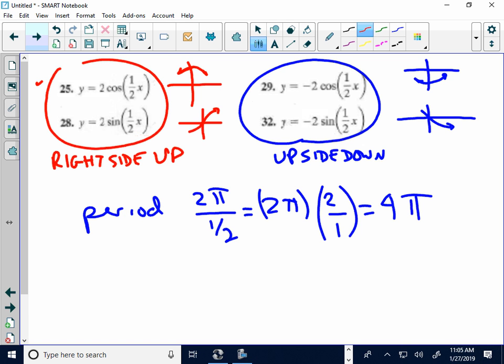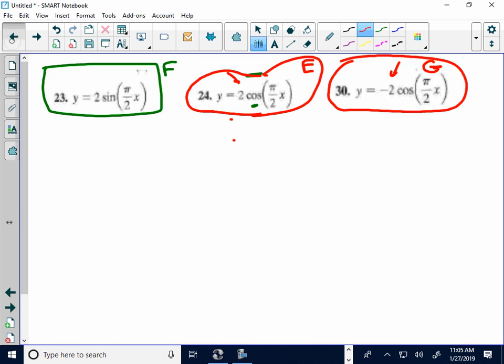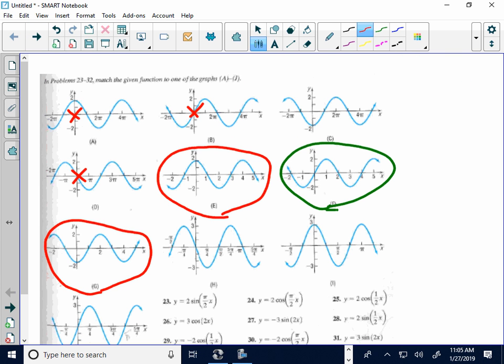Let's just go right down the line. 25, we want a right side up cosine, amplitude 2, period 4 pi. Right side up cosine, amplitude, well, this is amplitude 3, so that's out. Amplitude 2, let's see, right side up cosine, amplitude 2, this looks like the one right here, okay?